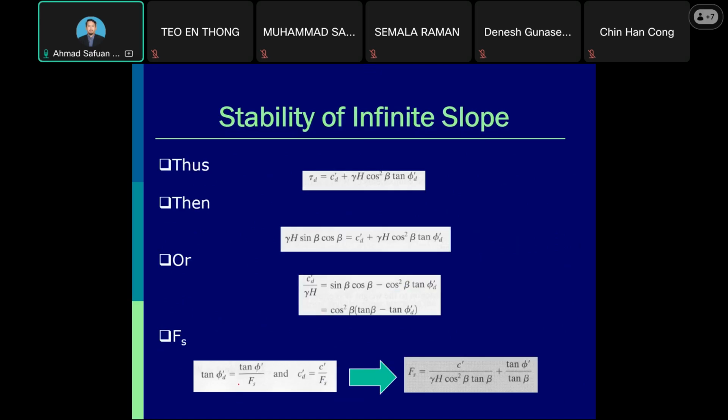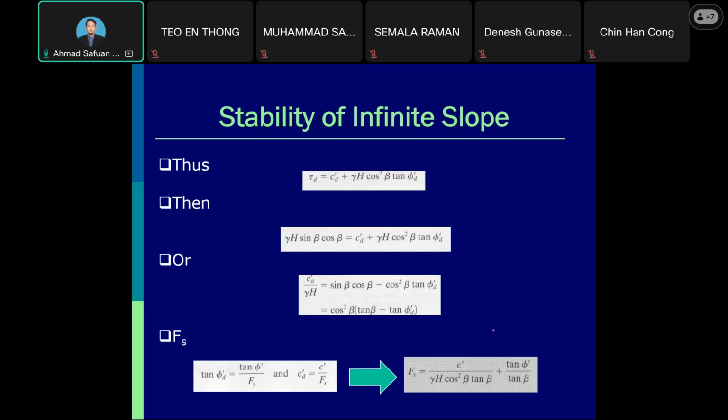Later on, we get the equation C prime over gamma H cos square beta tangent beta plus tangent phi prime over tangent beta.